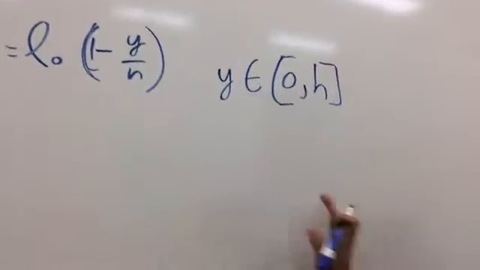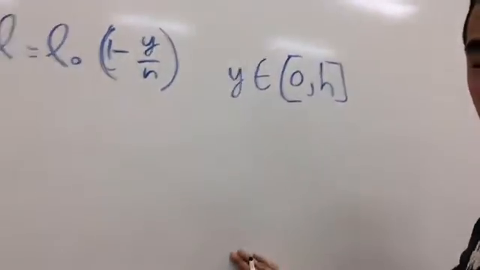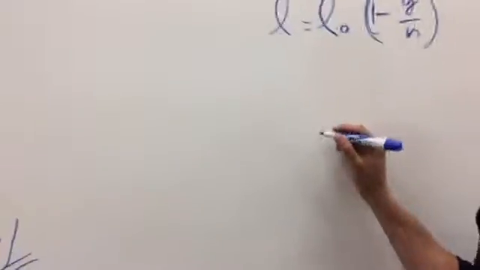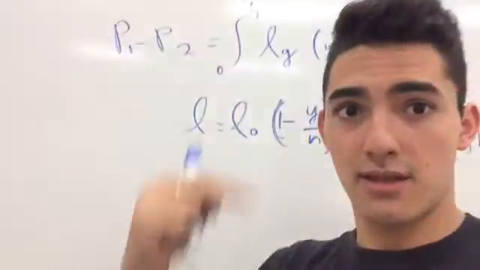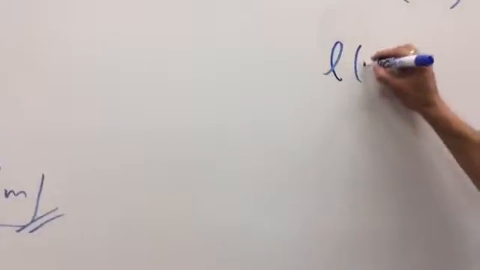Once we know where y belongs, we have two functions for the densities at the two points in the atmosphere. When y equals 0, the density equals our initial density.